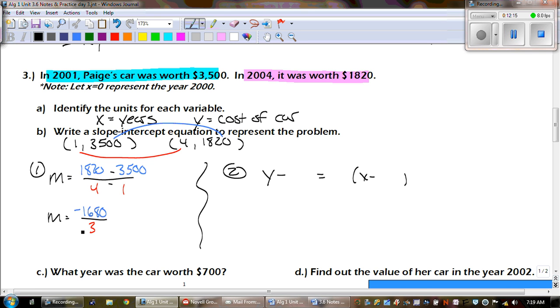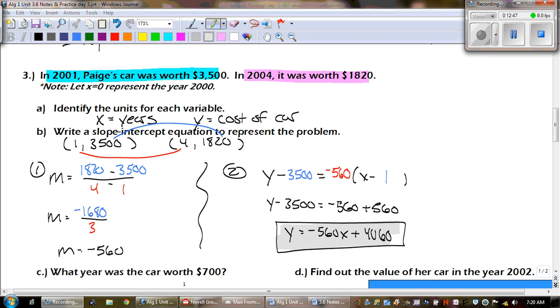And when you divide that by 3, we get our slope is negative 560. Okay? And then pick a point. It doesn't matter which one you do. Okay. Go ahead and solve. Pause the video. Good luck. Okay, and you should have gotten y equals negative 560x plus 4,600.